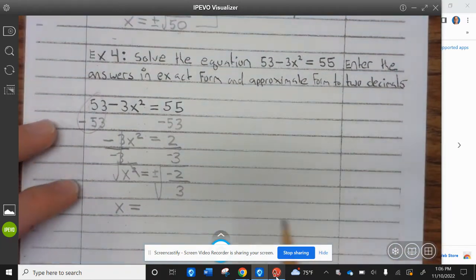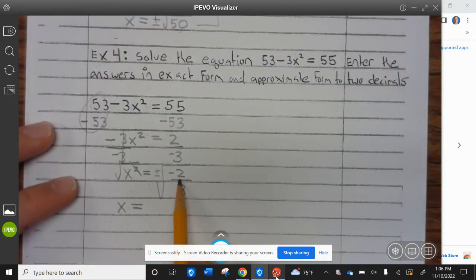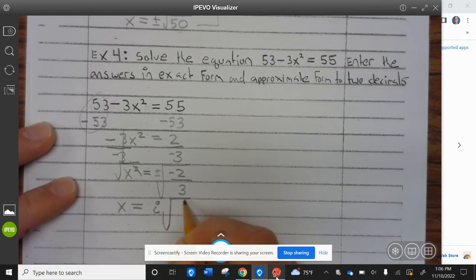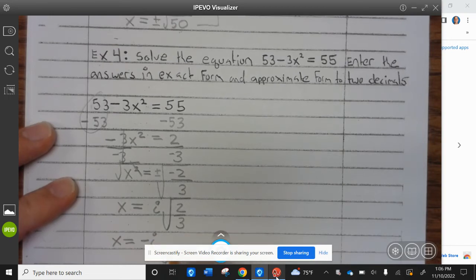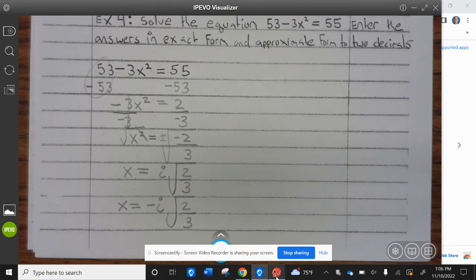So the way we do that is when we have this, we write it as x equals i times square root of 2 over square root of 3, and x equals plus or minus i times the square root of 2 divided by 3. All right, go and finish up example 4.